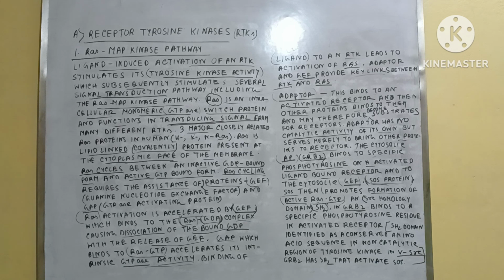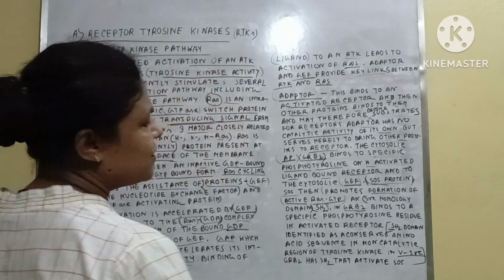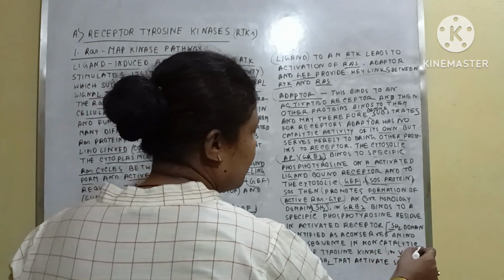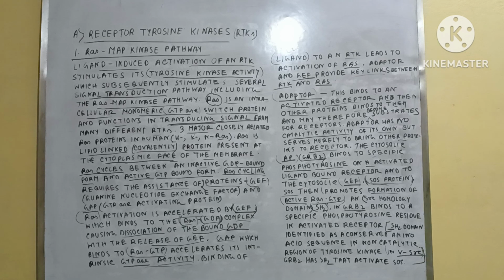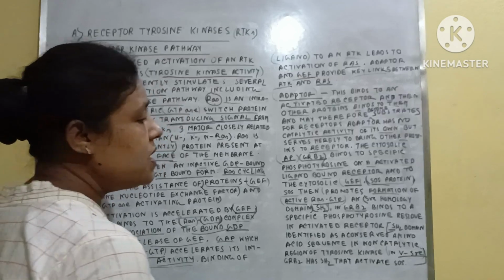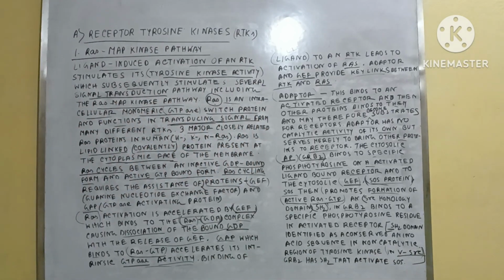An important thing is that this SH2 domain was first identified from one viral sequence, one virus. This is the oncogene virus, obviously. This is the v-SRC. Okay. So this is the actual topic, the activation of the RAS MAP kinase pathway.